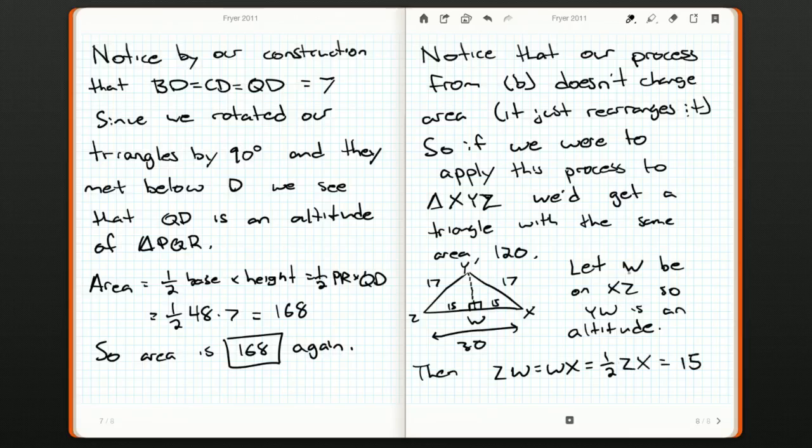Alright, so once we have the intersection of XZ and our altitude from Y, we know, because this is an isosceles triangle, that it splits XZ in half. So that 30 becomes these two 15s.